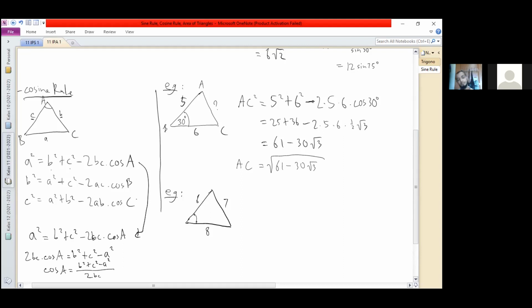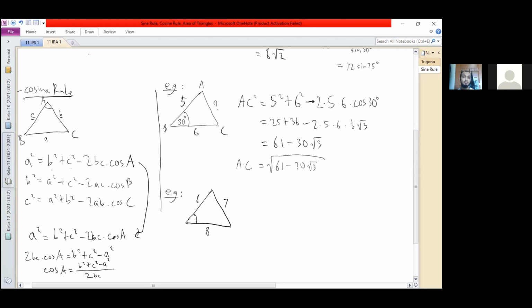Sometimes in some books, you will be given this formula as if it's a separate formula, but actually it comes from the same formula.